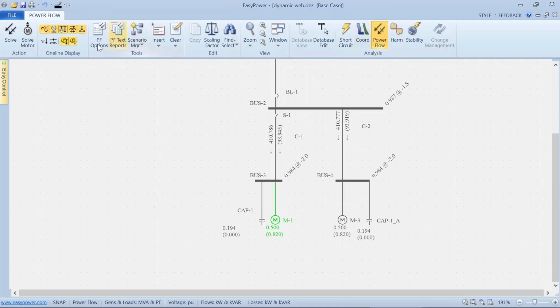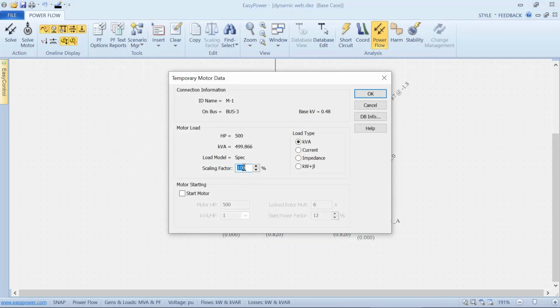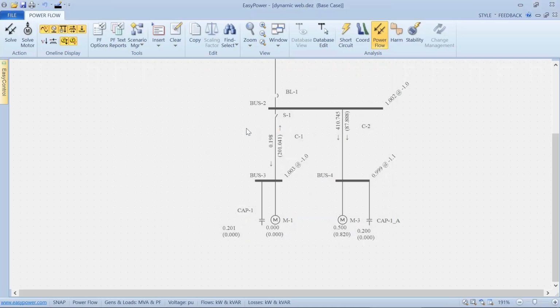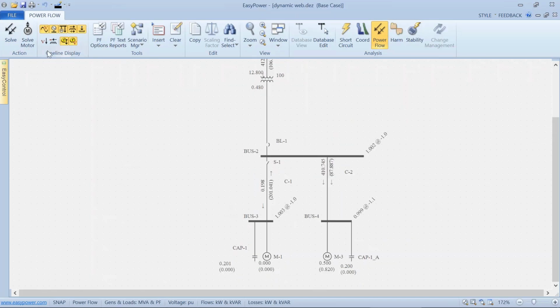So I'm going to go to power flow, open up this particular motor itself, which is right now running at 100% power. At the initial solution, I'm going to start with 0% power, and then start the motor to see what the result is on my system. So I solve it. I can see that I have no motor current because this motor is not running.